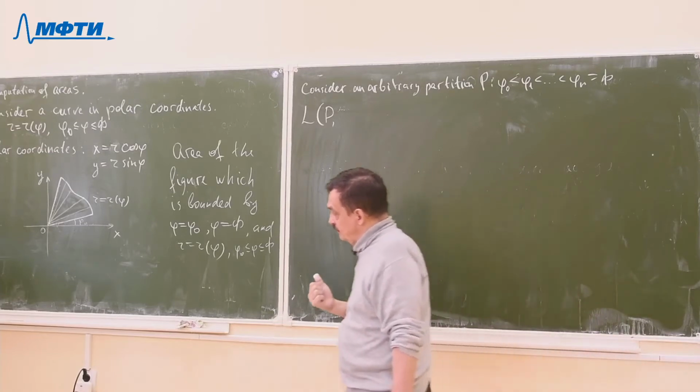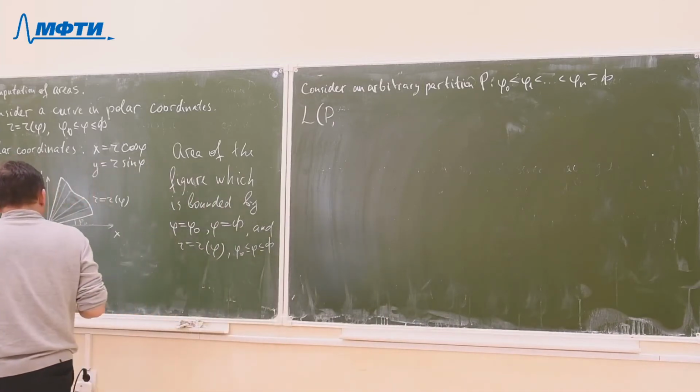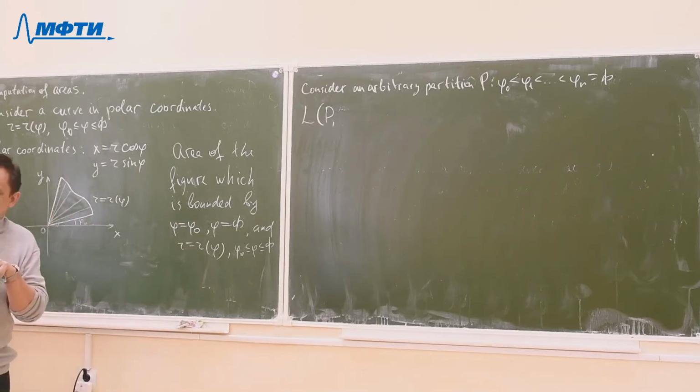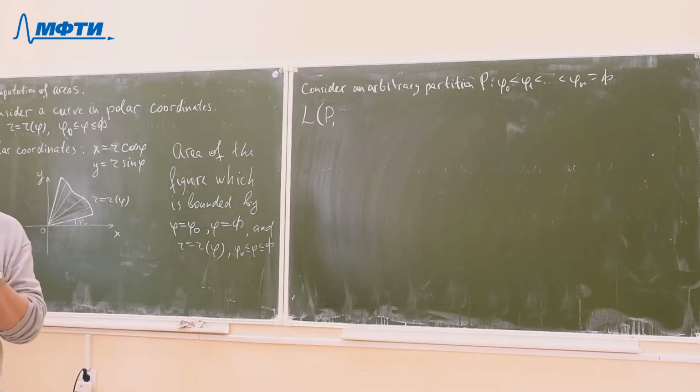Look, we look geometrically like we did before. I want to replace our figure by something simpler. Simpler for the calculation of what we want to compute. We want to compute area, right?